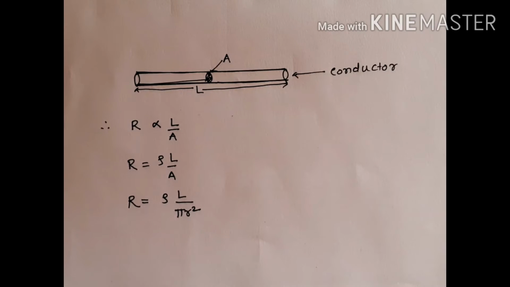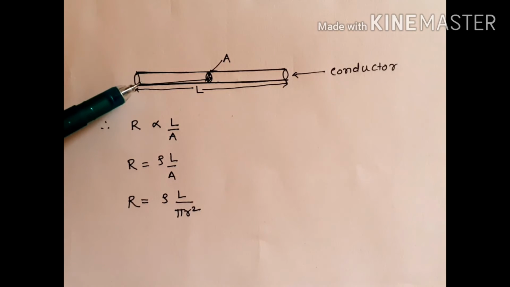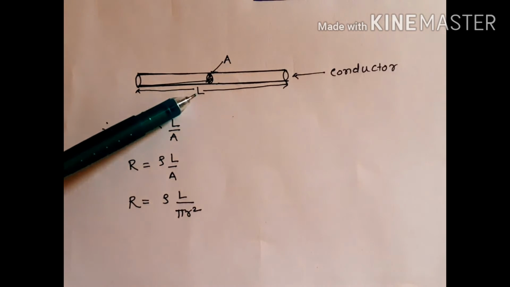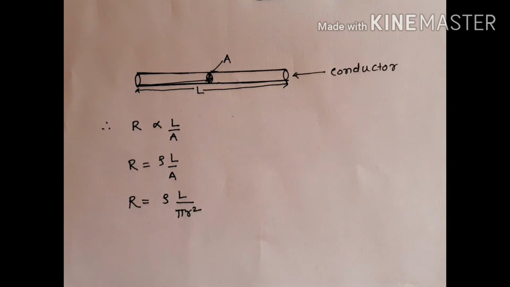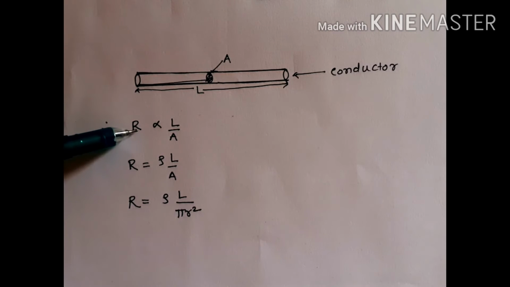We're going to deal with the next problem. Let us see the basic concepts. In the diagram, let us consider one conductor is given. This is the conductor. Capital L is its length, capital A is its area of cross section. The resistance of the conductor, that is capital R, is directly proportional to its length and inversely proportional to area of cross section.